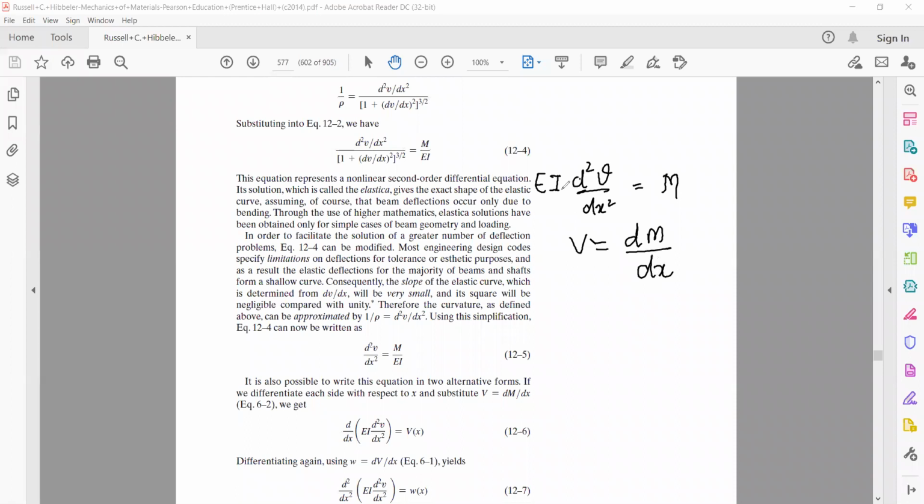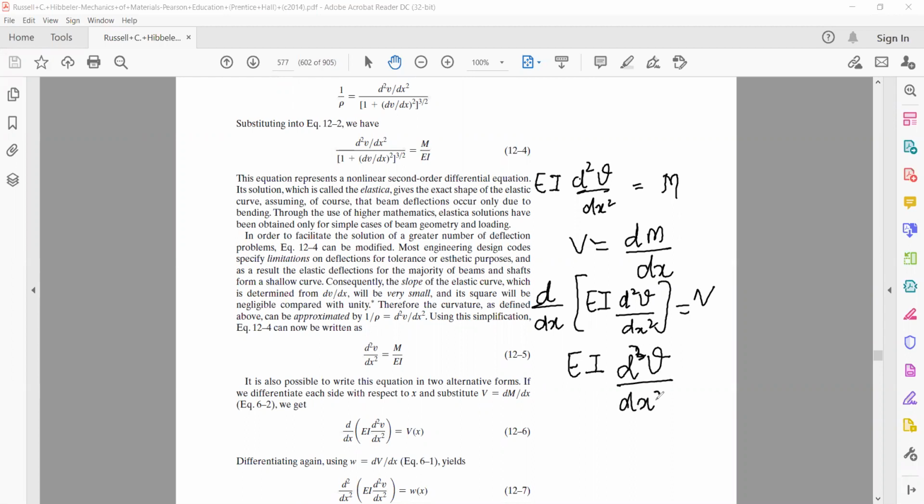That is, if we differentiate this equation, d by dx of EI d2 nu by dx2 is equal to dM by dx, that is equal to V. That is, when EI is constant, EI d3 nu by dx3 will be equal to V.